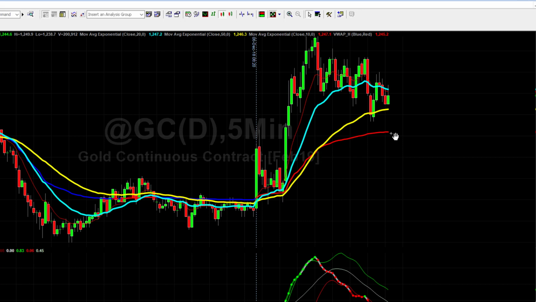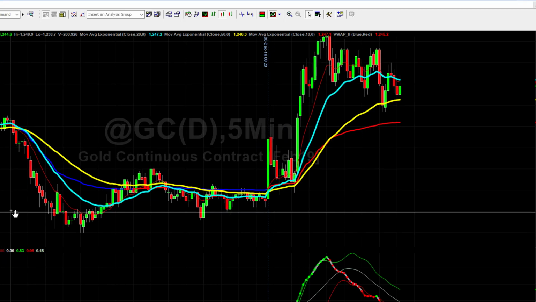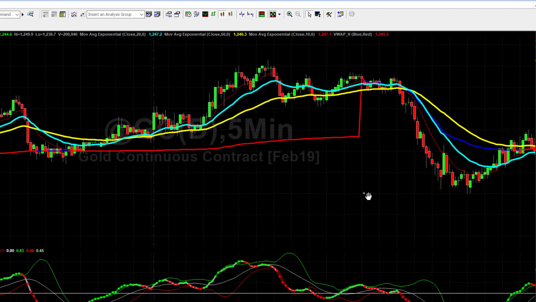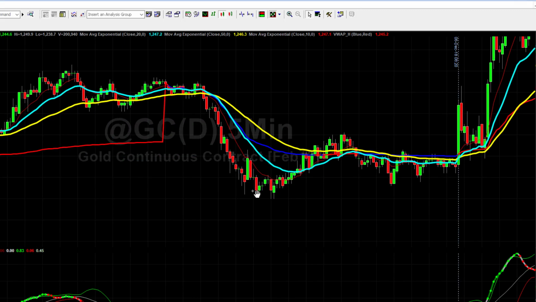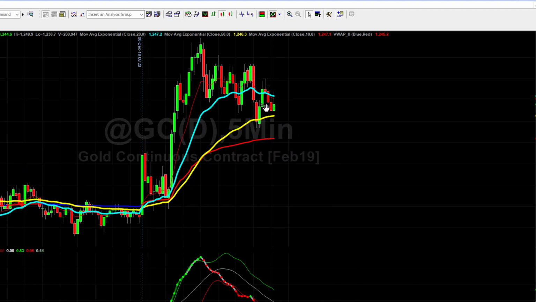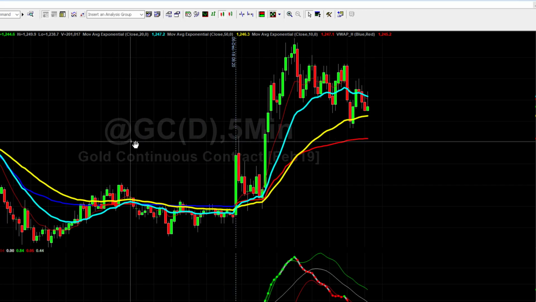So if we're clearly below the indicator, at some point the market's going to try to match up with it. Conversely, if the market's above the indicator, at some point during the day the market will try to get back to that equilibrium point, the volume weighted average. So if you have that indicator, that's a strong area of support and resistance, so just keep an eye on that as well.